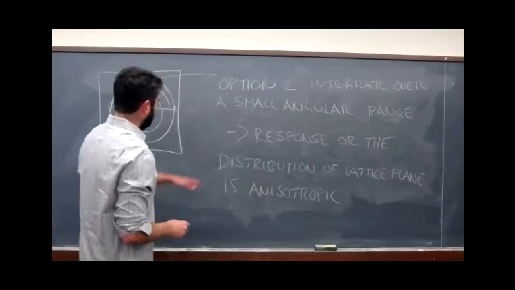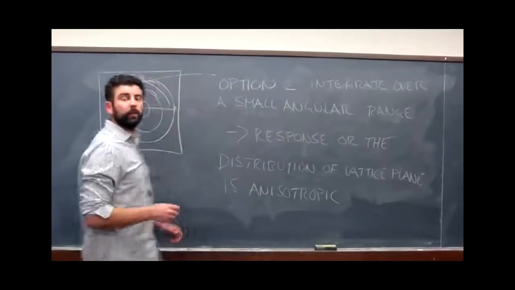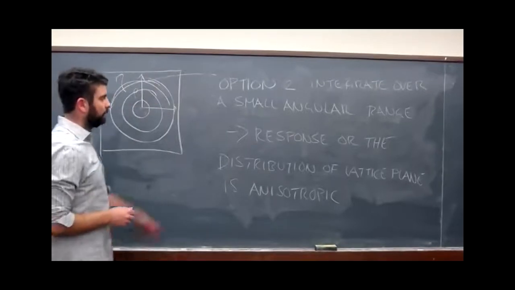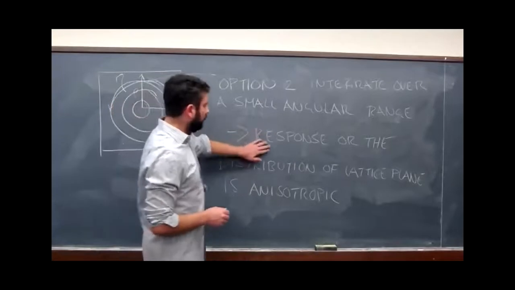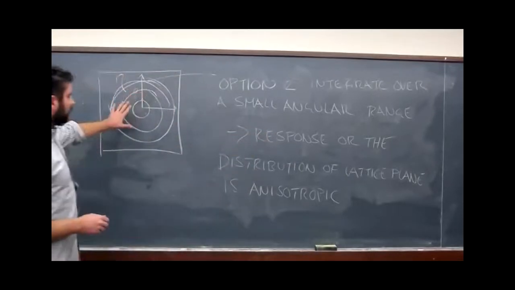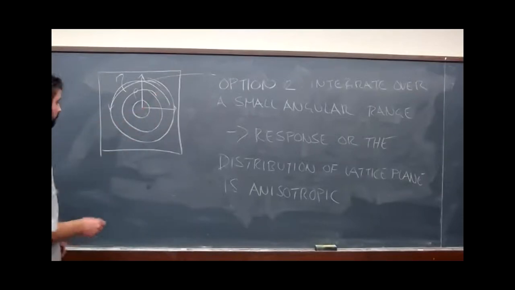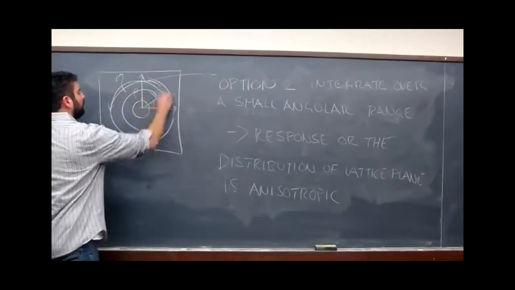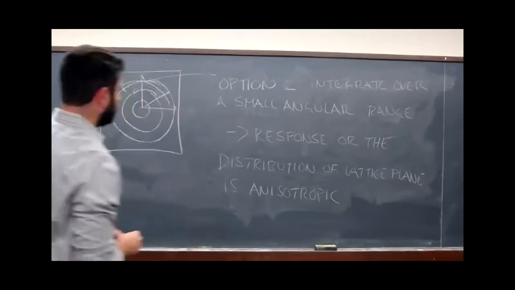So at the crystal scale, the mechanical response is almost always anisotropic. There are very few materials that might be close to isotropic, but if we're looking at the mechanical response, something like strain as a function of angle, we're always going to want to cut up our Debye ring into small angular ranges.